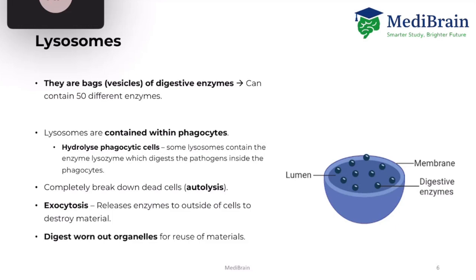Lysosomes are contained within phagocytes. You've looked at phagocytes at GCSE, and we will look at them again when we look at the immune system. But phagocytes will basically hold these lysosomes. And if you get ill or you've got a pathogen which is coming in, the phagocytes will engulf the pathogen. Again, you've looked at that at GCSE. And how does it get rid of that pathogen?